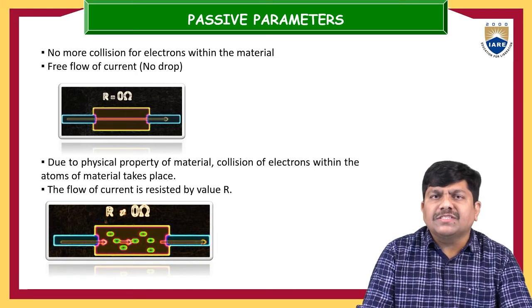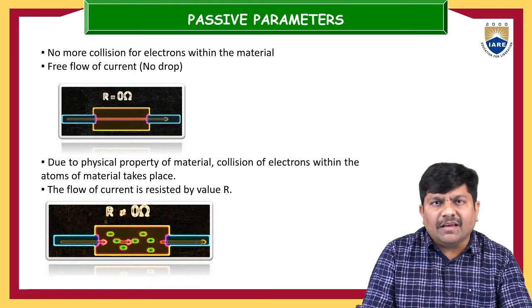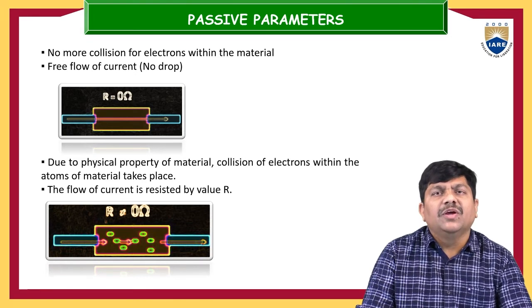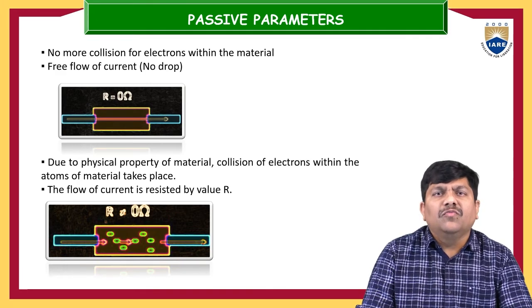This happens in the system if R is finite in magnitude, neither 0 nor infinity. If R is finite, there will be collisions, so you have to supply some extra voltage to meet the voltage drop.